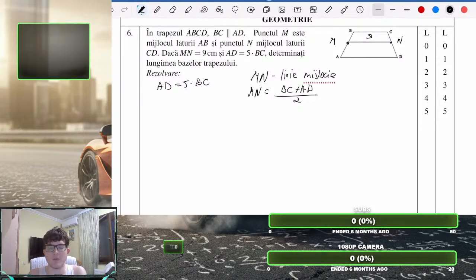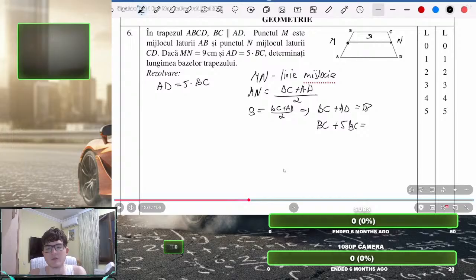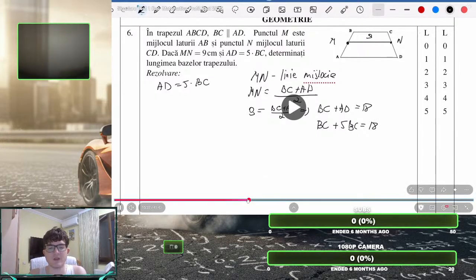I kind of didn't remember this stuff. Okay. So BC for us is X, so 6X divided by 2, which is 3X. I don't really know how that helps us. BC plus AD is 18.